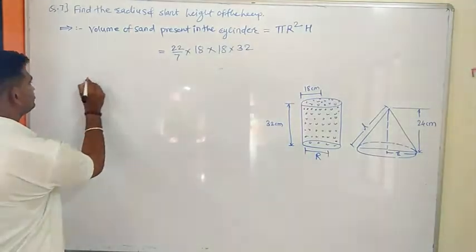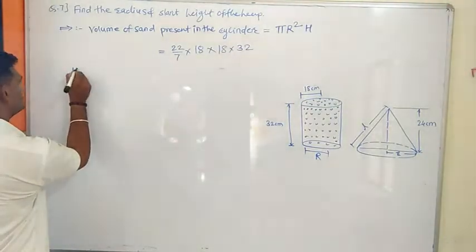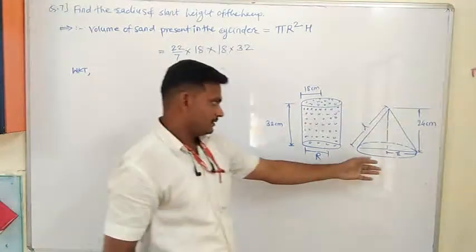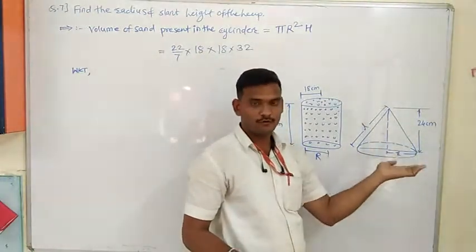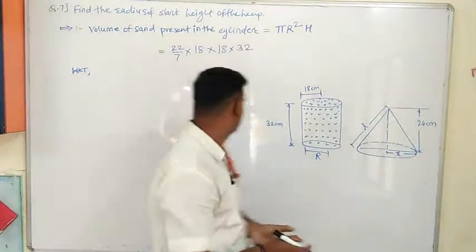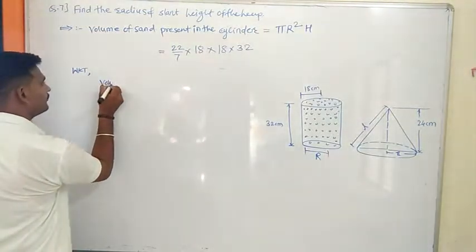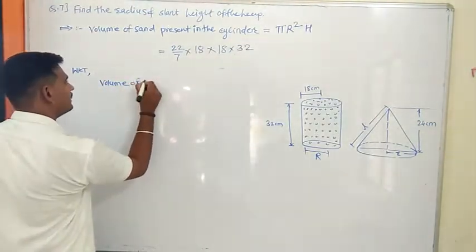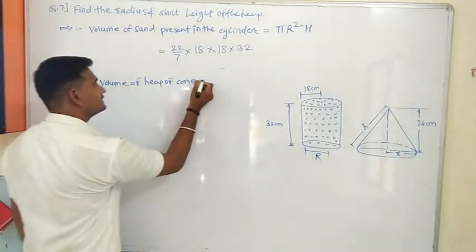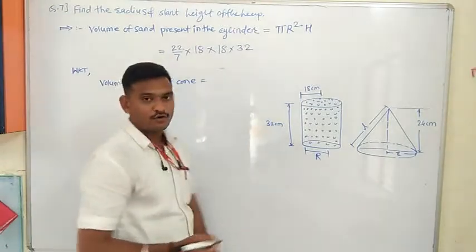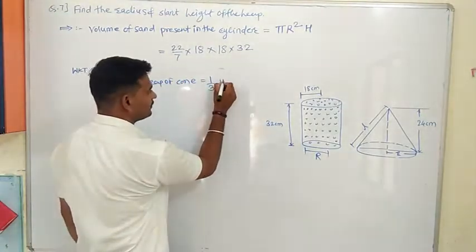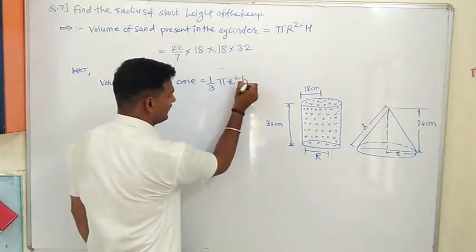Now we have to find the volume of the heap of a cone. We know that the volume of the heap of a cone is equal to the volume of a cone, which is 1 by 3 into pi r square into height h.